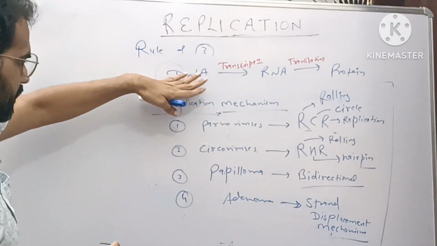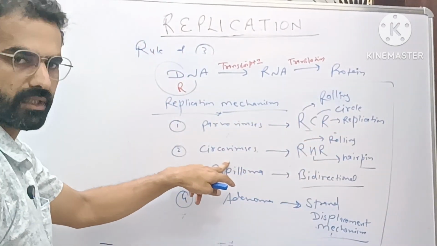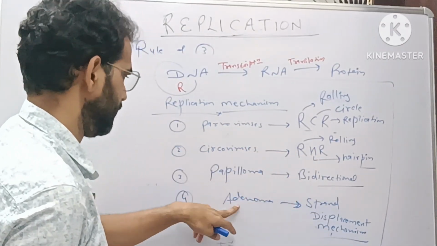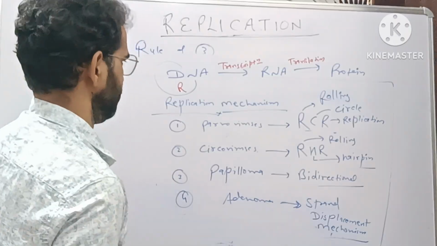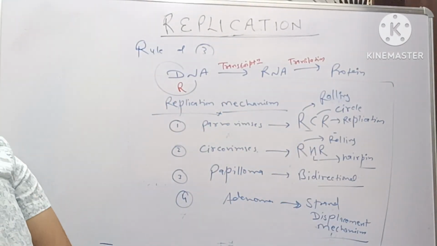The replication mechanisms are mainly: parvo is rolling circle, circovirus is rolling hairpin, papilloma is bidirectional replication, adenovirus is strand displacement. So these are the replication mechanisms.